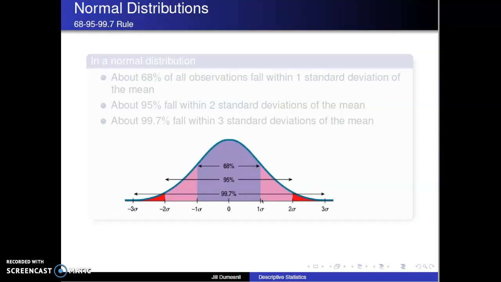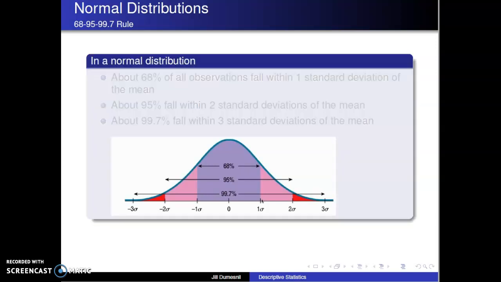One of the most useful rules of thumb concerning normal distribution is called the 68-95-99.7 rule. This rule says that in a normal distribution, about 68% of all observations fall within one standard deviation of the mean.